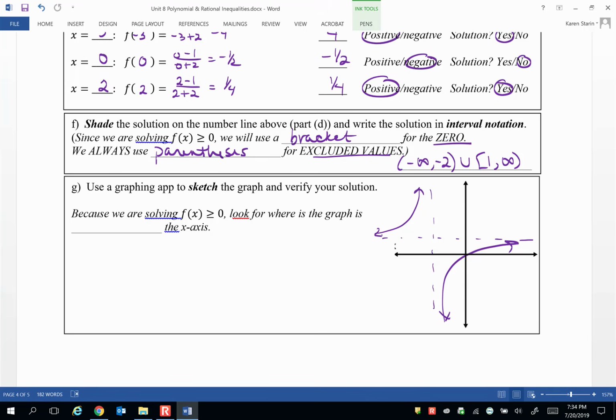So it's above the x-axis when x is strictly less than -2 and when x is greater than or equal to 1. So it's this piece here and this whole piece here. We were looking for where it was above the x-axis. x was strictly less than -2 because x equals -2 was an asymptote, and x is greater than or equal to 1 because x equals 1 was an x-intercept.